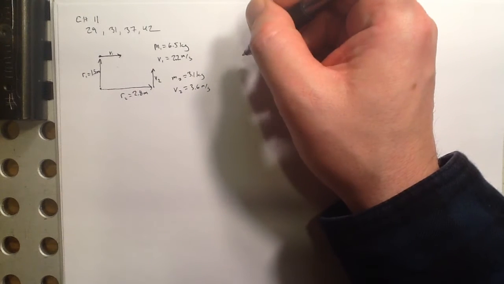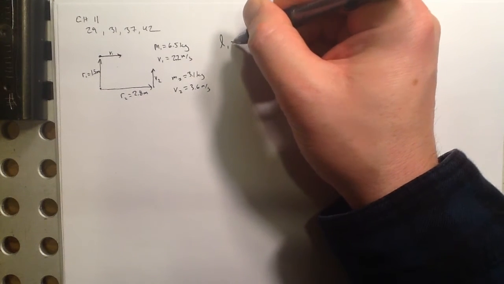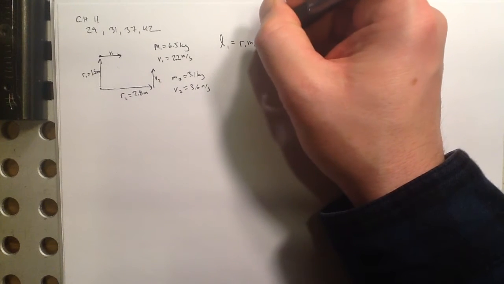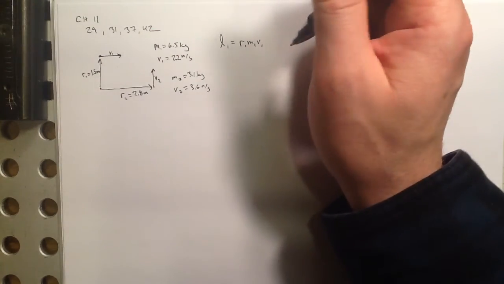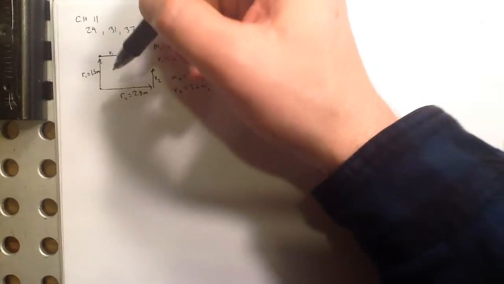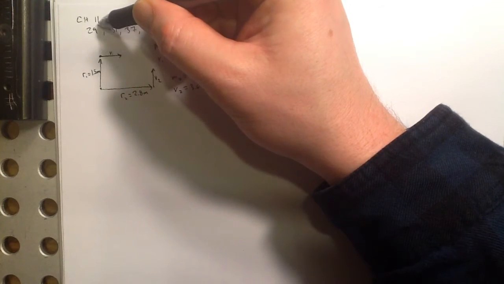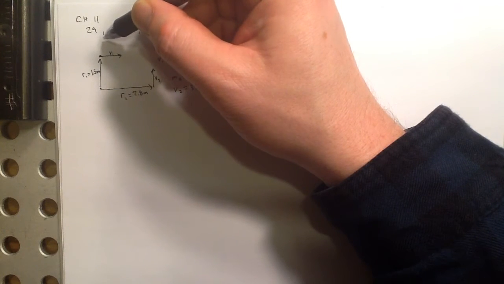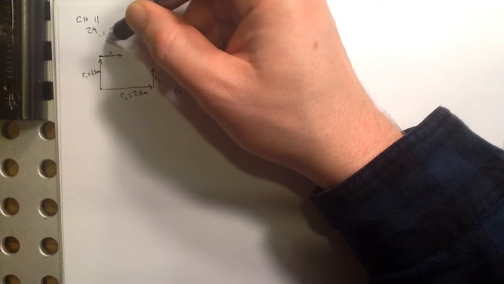So let's do the angular momentum of the first one, equal to r1 m1 v1 sine of theta. It's at a 90-degree angle. But what's the direction of it? If I moved this r1 vector here so that they were like the hands of a clock, then for r1 cross v1, I would have to go this way to get from r to v.